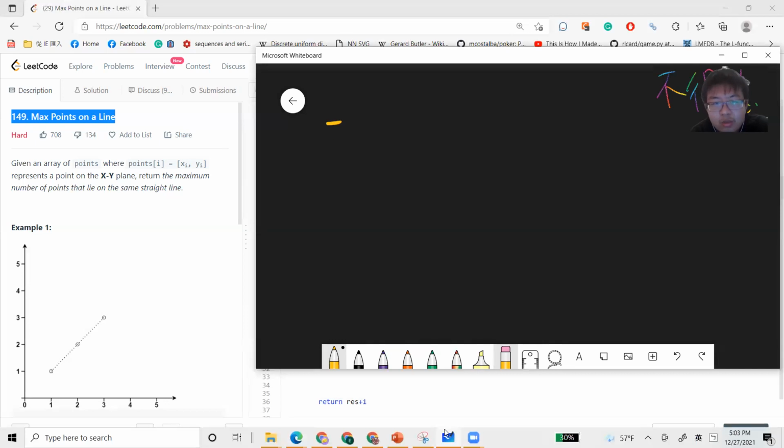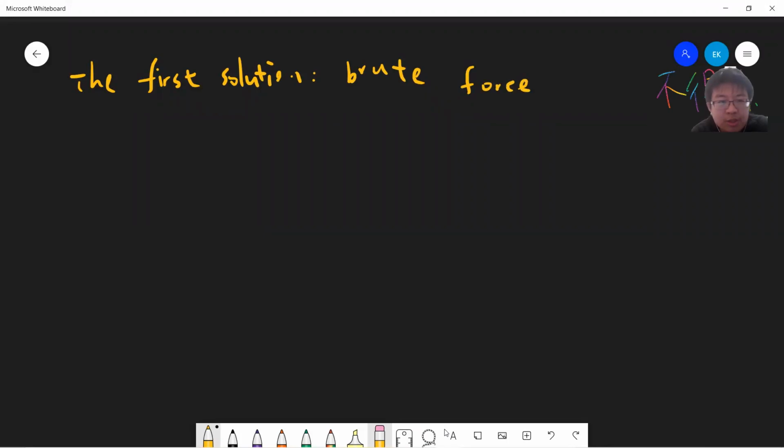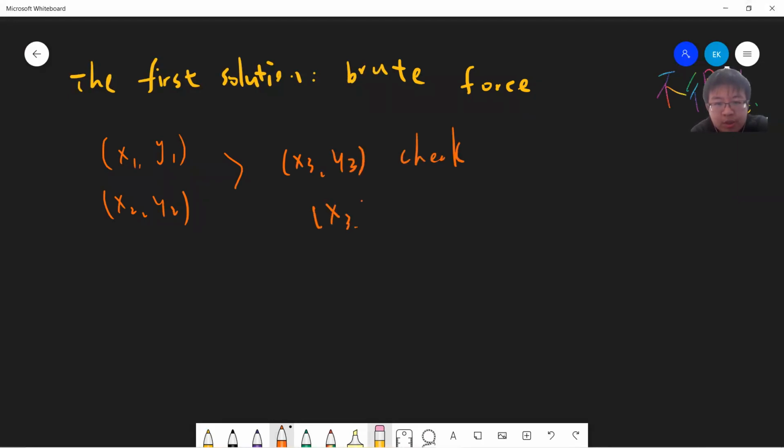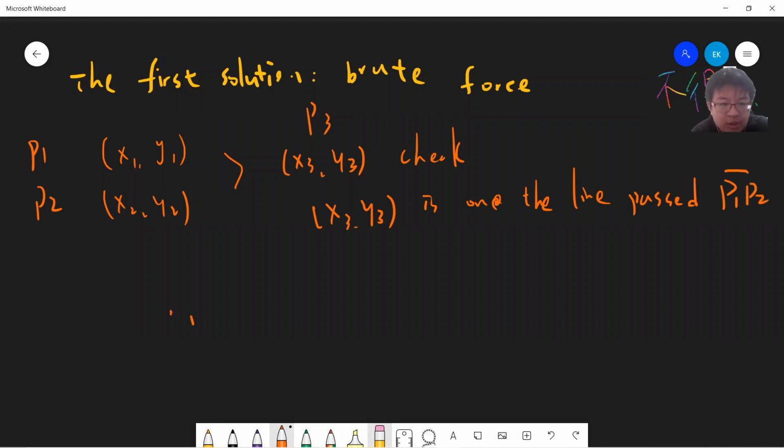The first solution is brute force. Basically, for each pair, let's say x1, y1 and x2, y2, you enumerate all the other points x3, y3 and check whether (x3, y3) is on the line passing through p1 and p2.